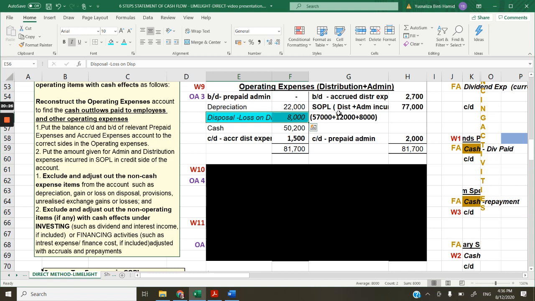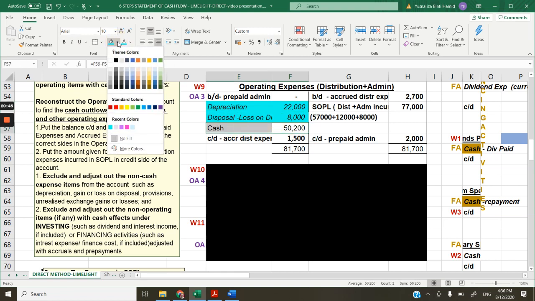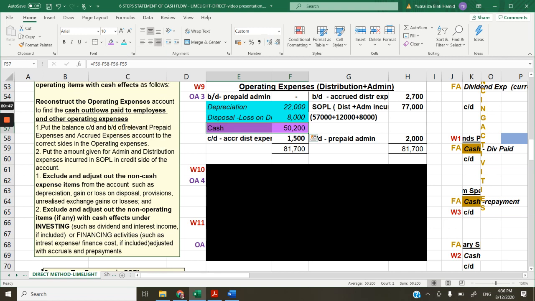And there's one more here, depreciation, that we have also done, that was actually debited to the depreciation account, meaning that was an expense, so that's why it is here. And what we are doing is trying to find this, which is our cash paid in our operating expenses.